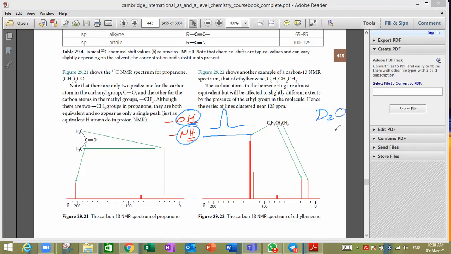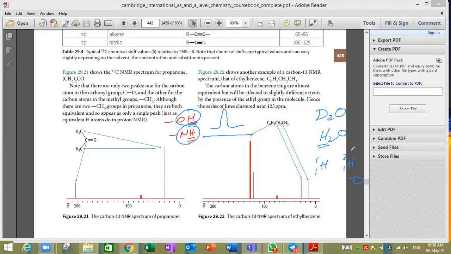What is deuterated oxide? It is water, but instead of hydrogen, they use the isotope of hydrogen, which is deuterium. Hydrogen is 1,1. Deuterium is 1,2.